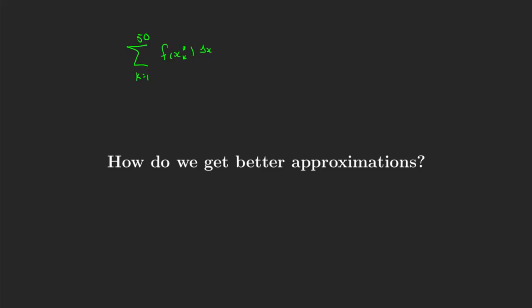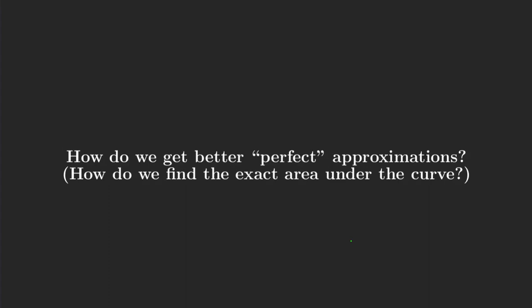All right. So if we get better approximations by using a bigger number of rectangles, essentially more rectangles, increase n, then maybe if we want to get a perfect approximation, wouldn't it make sense to look at a limit as n, the number of rectangles, went to infinity of this Riemann sum structure?